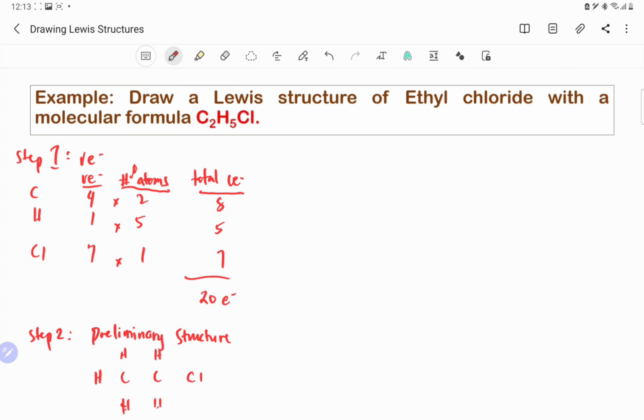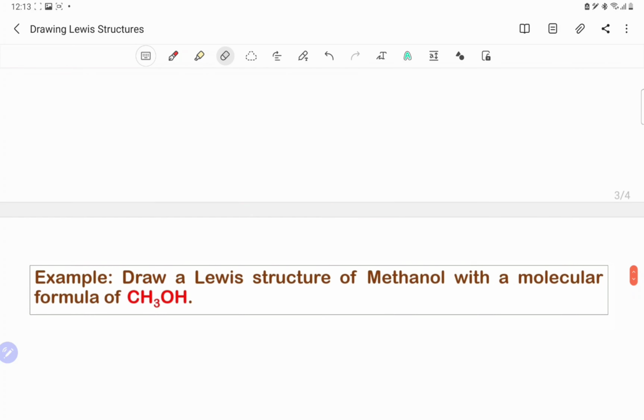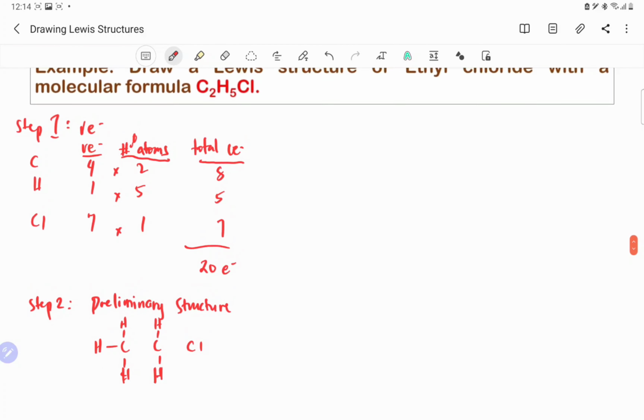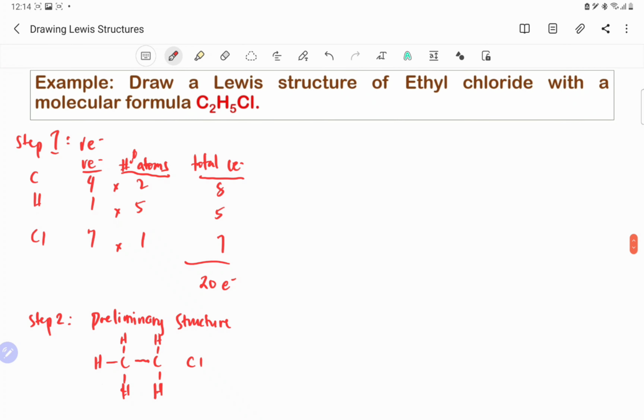Why symmetrical? Because it has a plane of symmetry around this axis. So you need to draw single bonds each.